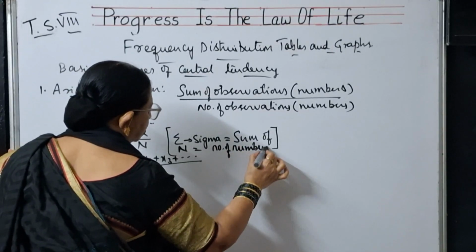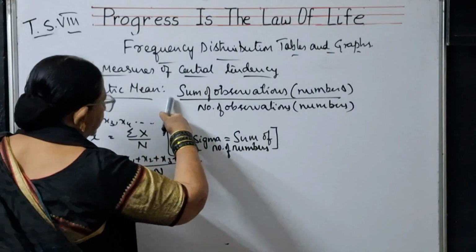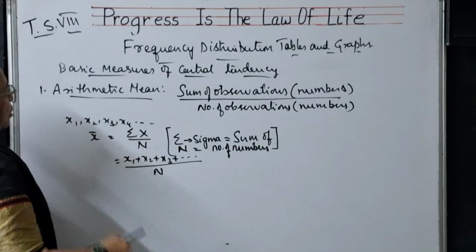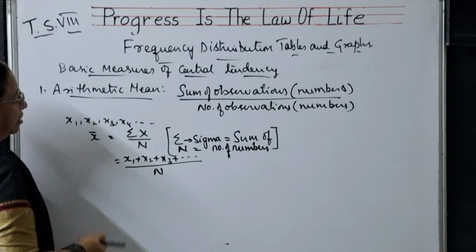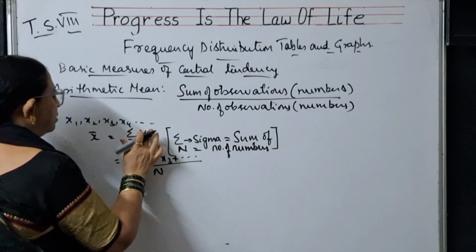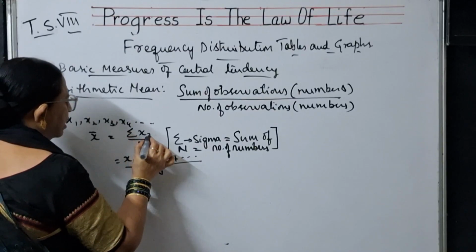Numbers are the observations which you have already written. Since writing the full formula always is tedious work, we will write it as sigma x by n. Sigma x means sum of the numbers. Usually in your textbook it is written as sigma xi.